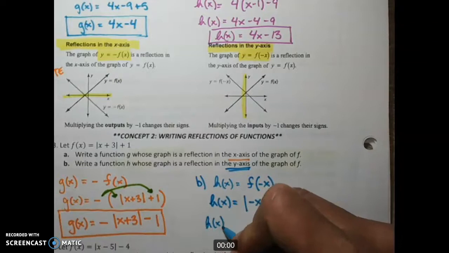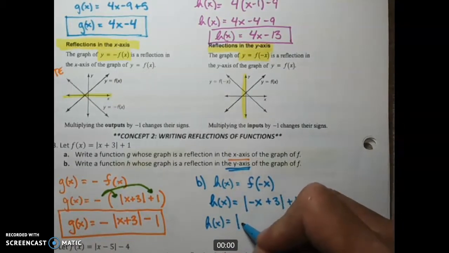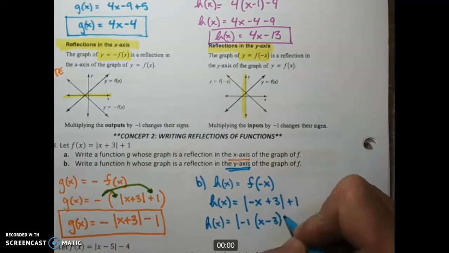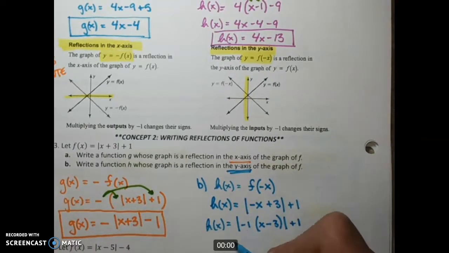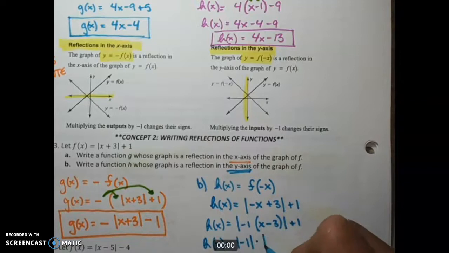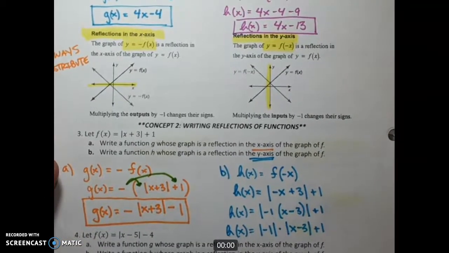H of x equals, and now what I can do is factor out a negative 1, and I'm left with x minus 3 in that absolute value. So I factored out the negative 1. Then from there, I can pull out this negative 1. So h of x equals the absolute value of negative 1 times the absolute value of x minus 3, plus 1. And you may have never seen this before.